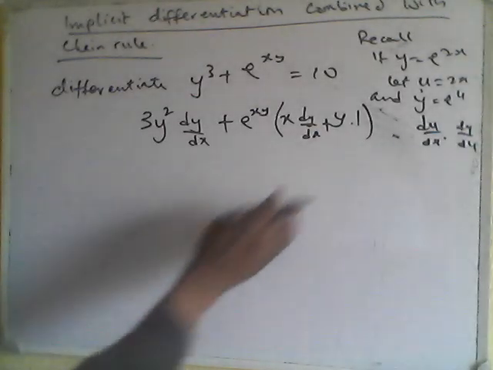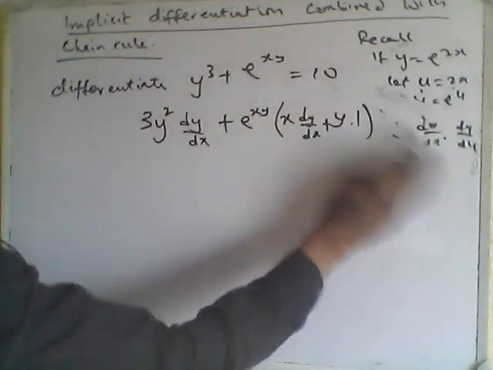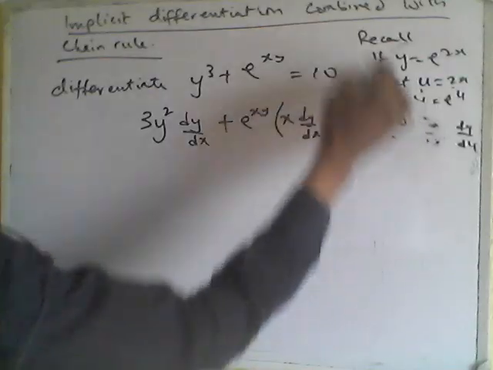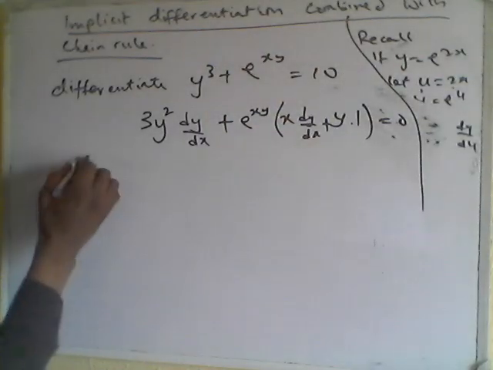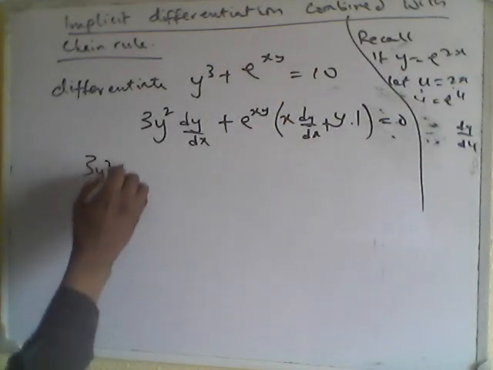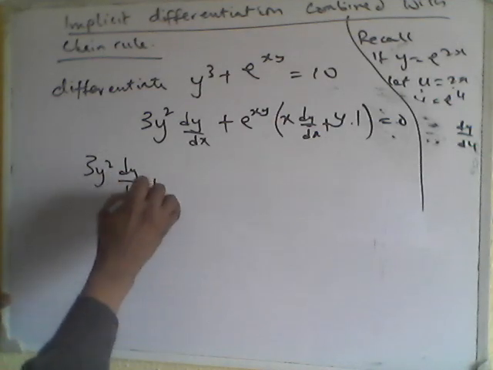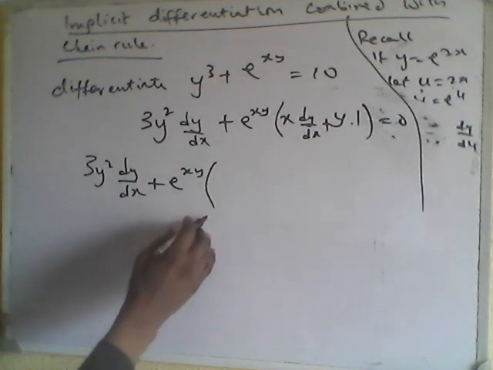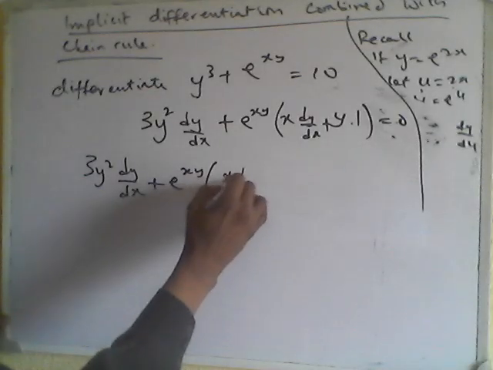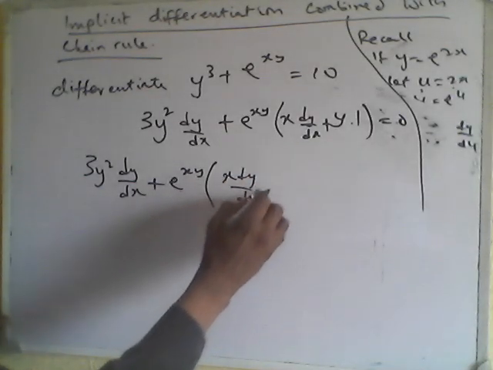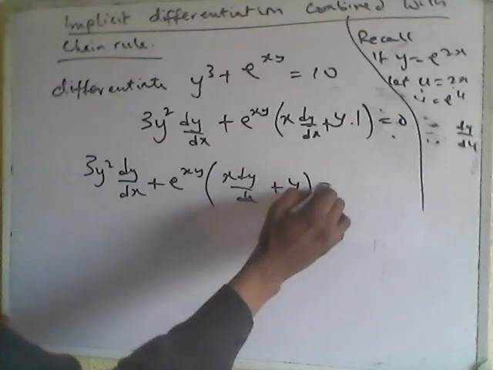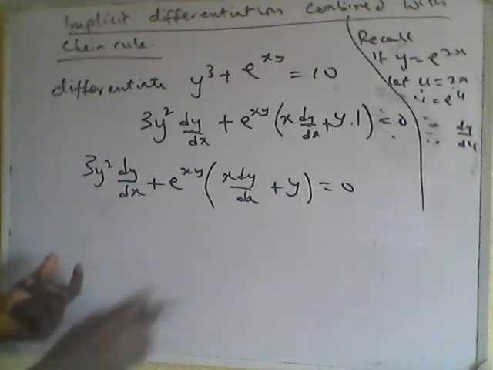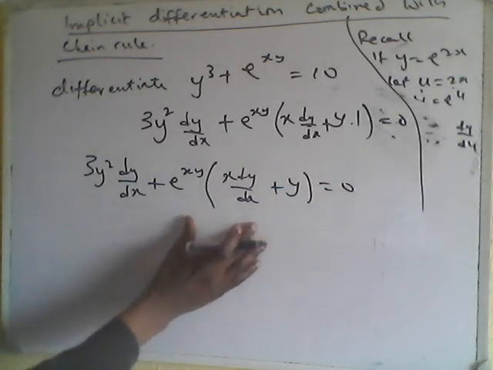It equals 0. Differentiating 10, I will get 0. So I'm going to continue from here. I will have 3y squared dy/dx plus exponential xy, open bracket, x dy/dx plus y, equals 0. Now, I'm interested in this dy/dx term and this term.